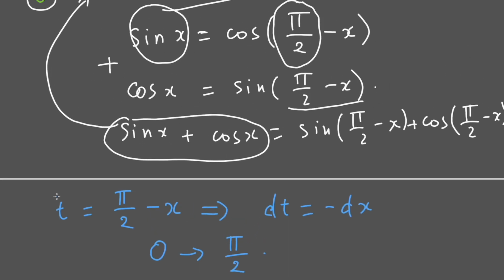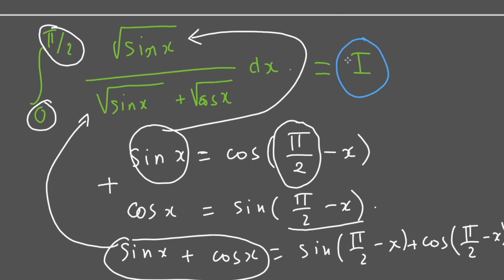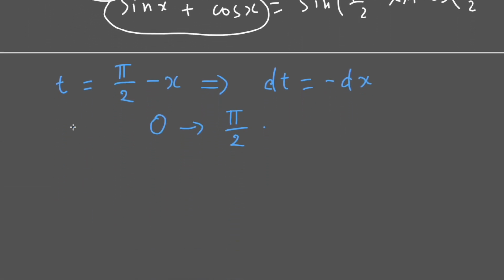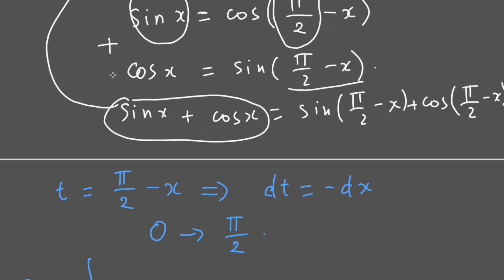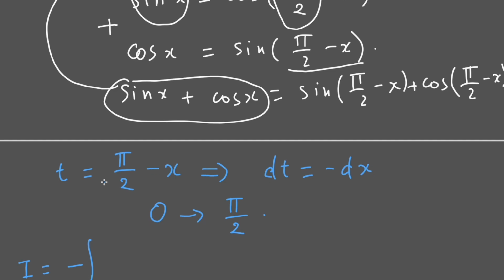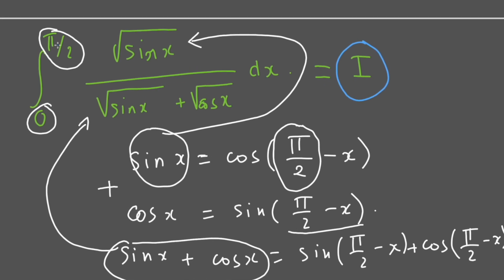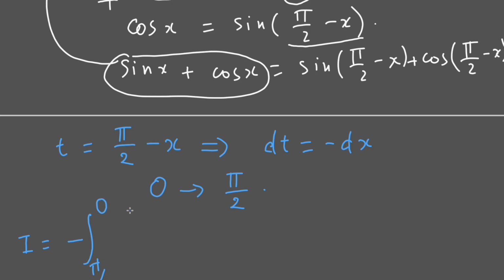Now, let's replace t into the integral I. Then we will have I equal to negative dx, and when x equals 0, it means t equals pi over 2, and when x equals pi over 2, t will equal 0.